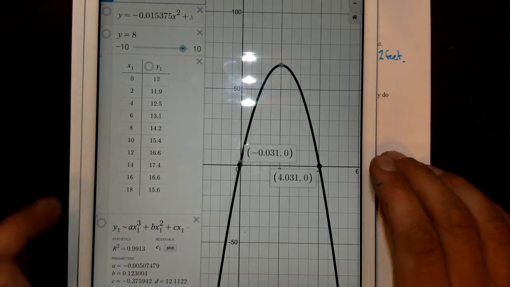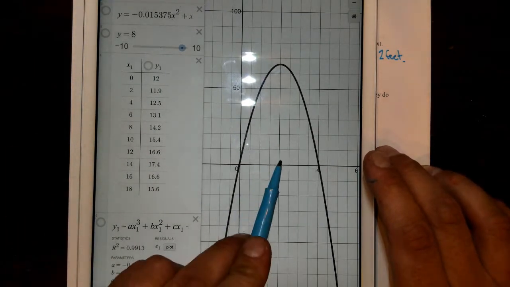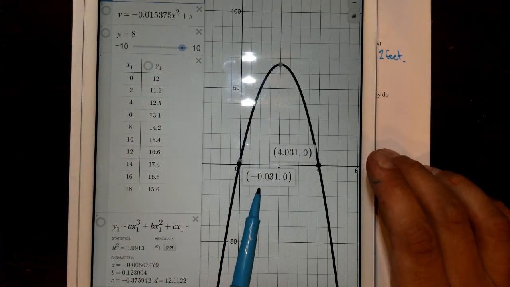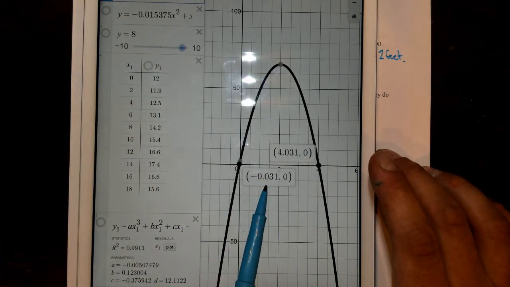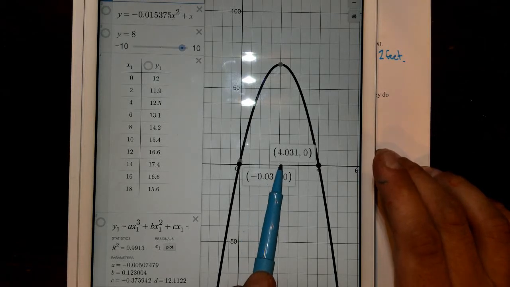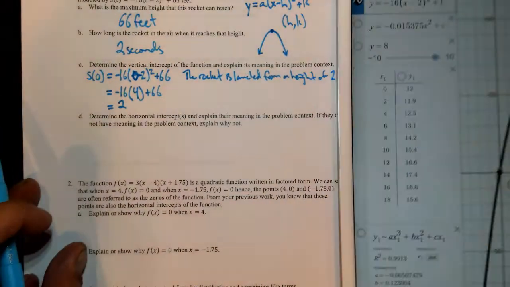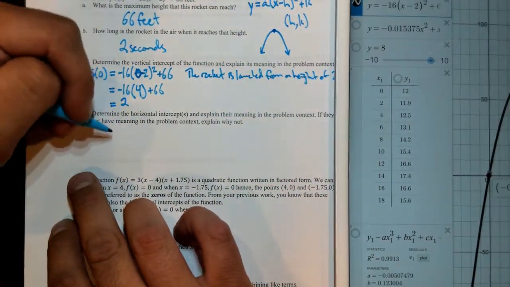It looks like we have 2 of them, our horizontal intercepts. One is at negative 0.03, and our other one's at 4.03. So those are our 2 horizontal intercepts.